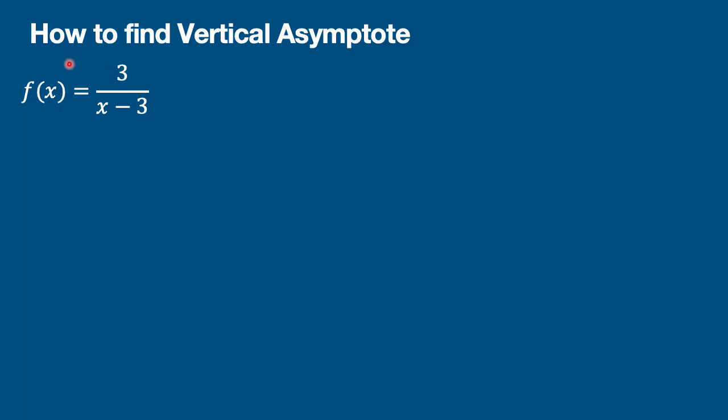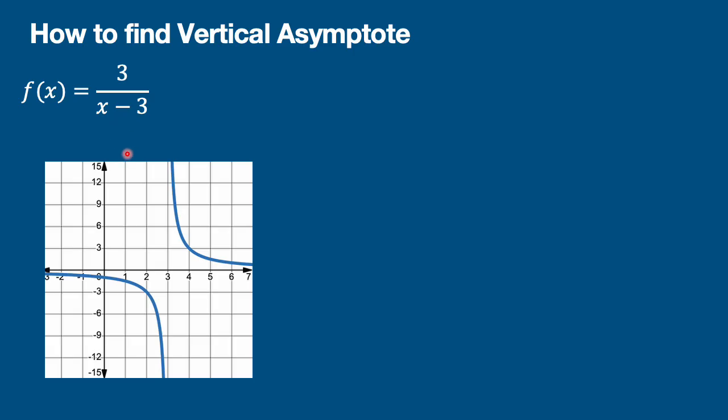But how do we find the vertical asymptote line from the function? You might notice a connection with the domain. We know how to find the domain: we exclude the x values which make the denominator 0. That's going to be the vertical asymptote line, guys, okay? Look at this: x minus 3. I sketched this graph.